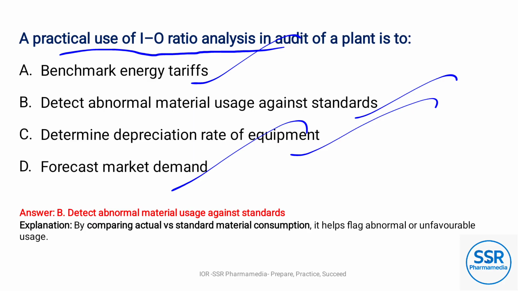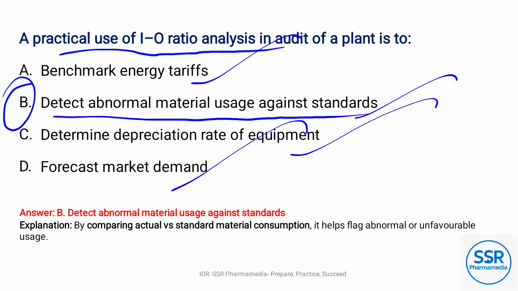So the answer is option B, detect abnormal material usage against standard. By comparing actual versus standard material consumption, it helps flag abnormal or unfavorable usage.